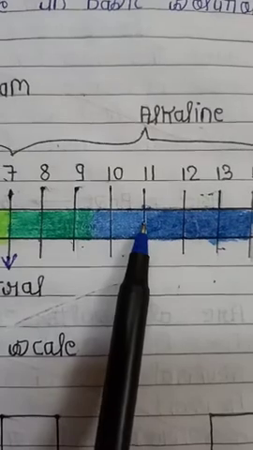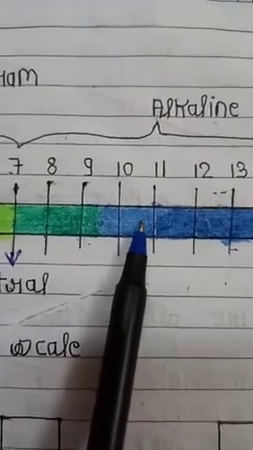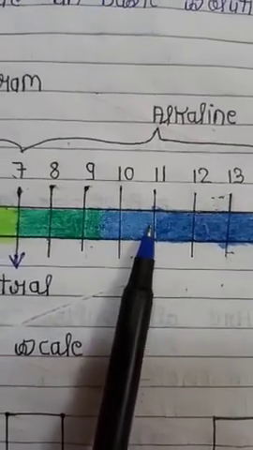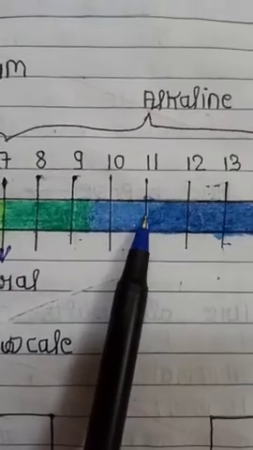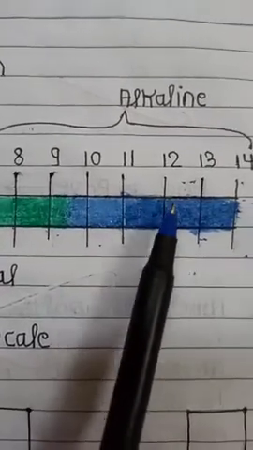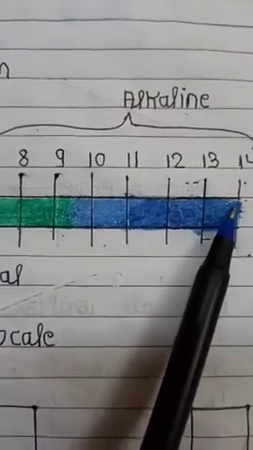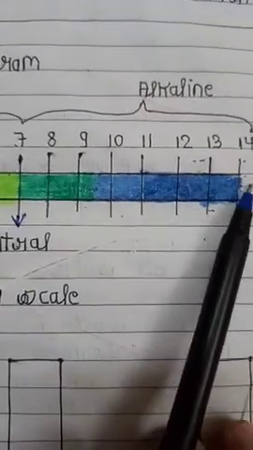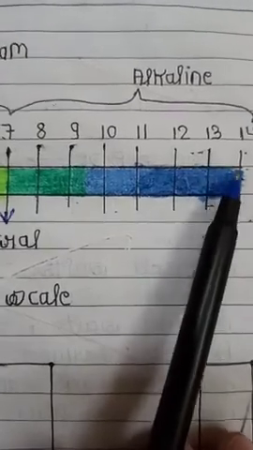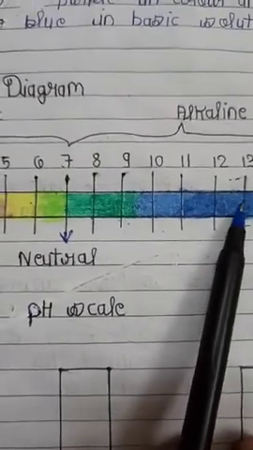Here you can draw with blue color, use dark blue, and at last use violet color. Understand? At 13 to 14 it will become violet.